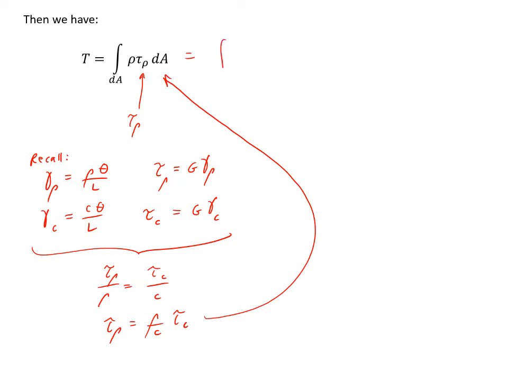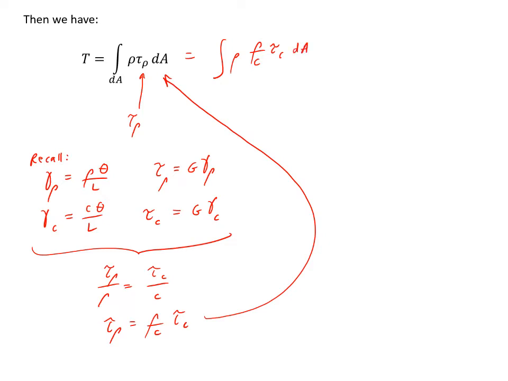It's going to be more useful because we can then take it out of the integral, and we'll just have rho in the integral instead of tau rho, which is a function of rho. All right, so let's put that in the integral. It's going to end up looking like rho times rho over C tau C dA.